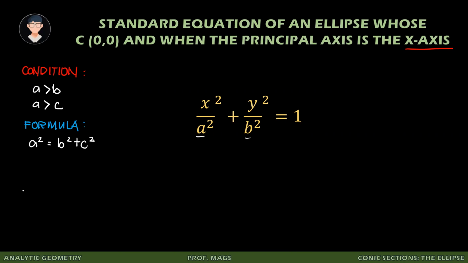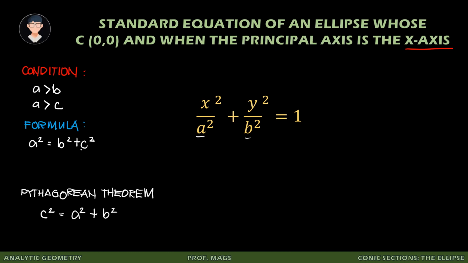Because for the Pythagorean theorem, the square of the hypotenuse is equal to the square of the opposite side plus the square of the adjacent side.